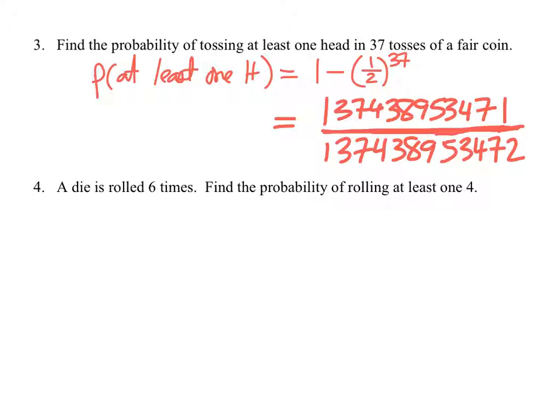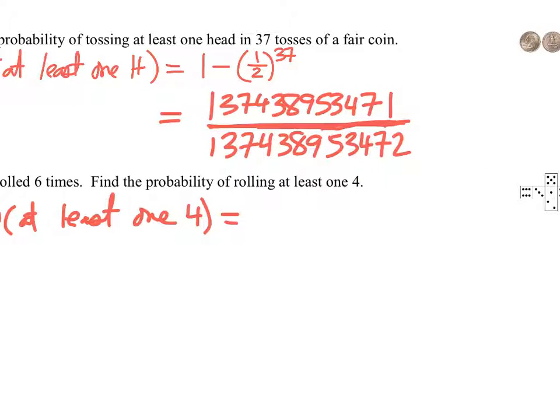So not too bad. The die is rolled 6 times. So probability of at least 1 four, sorry. So 1 minus the probability of getting a 4, which would be 1/6.